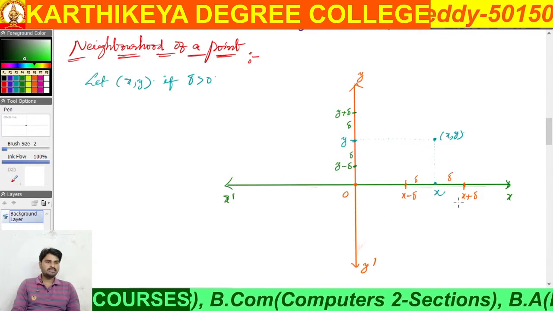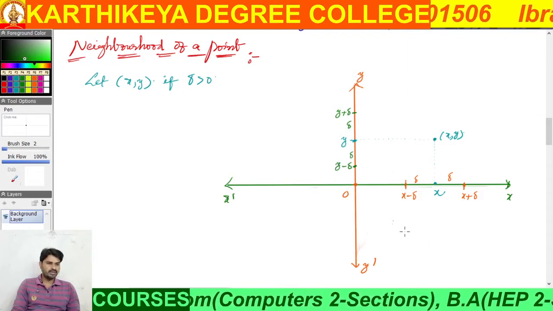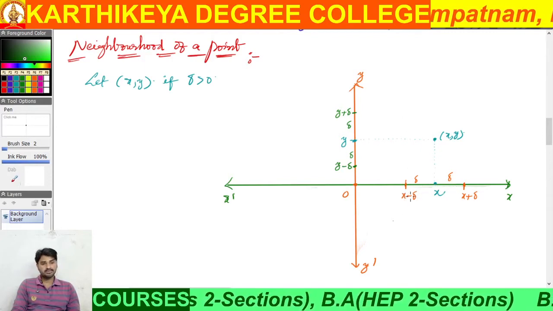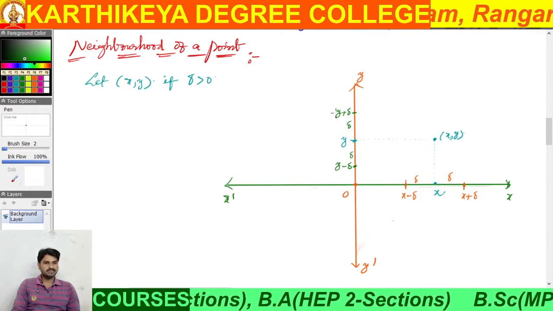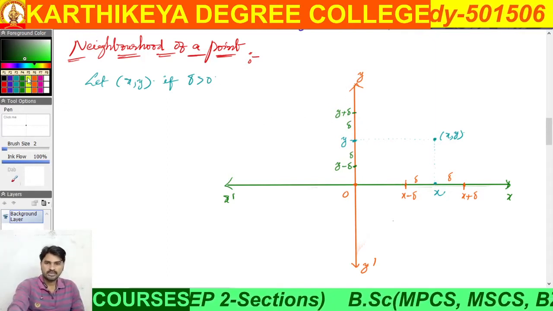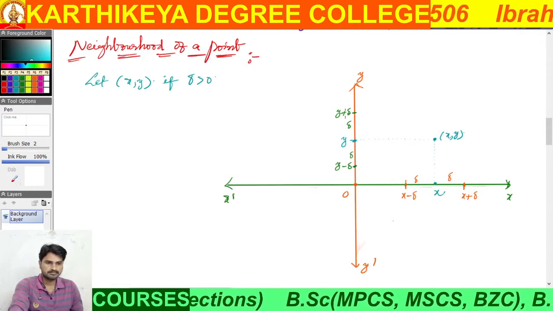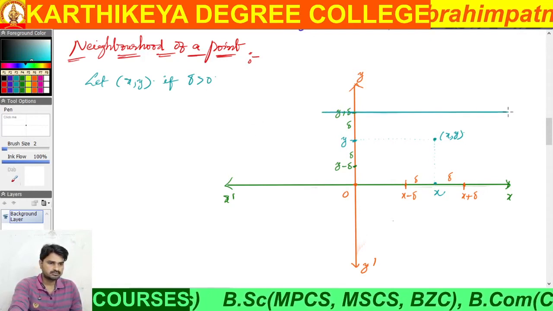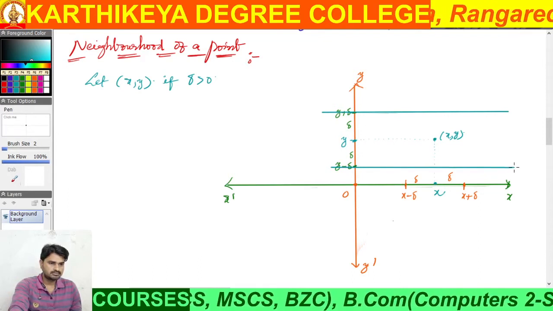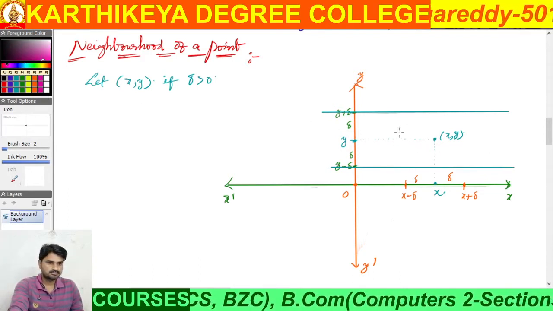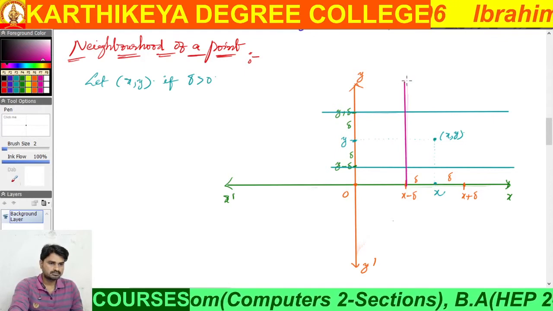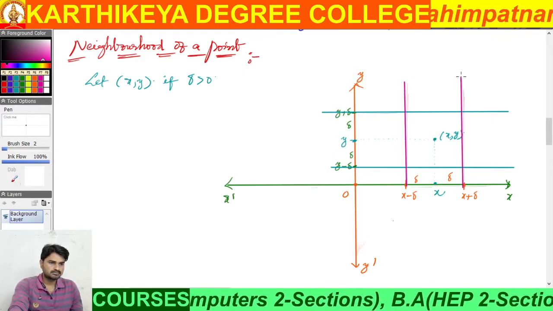Now if you join all these points, we can draw perpendicular lines to the x-axis at x minus delta and x plus delta, and perpendicular lines to the y-axis at y minus delta and y plus delta. You will get this.